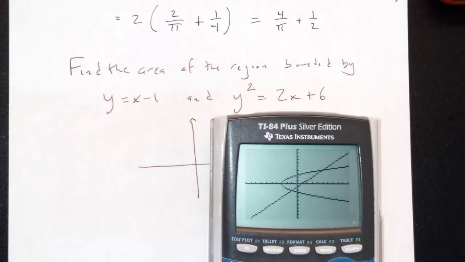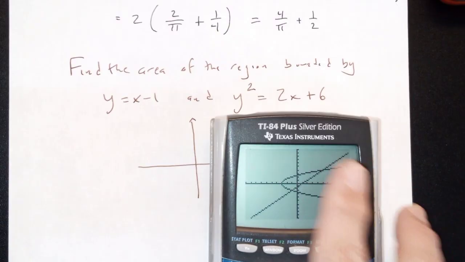Clearly, I see an area that I want, right? Where do these cross? I actually think plugging it in is going to be easier.